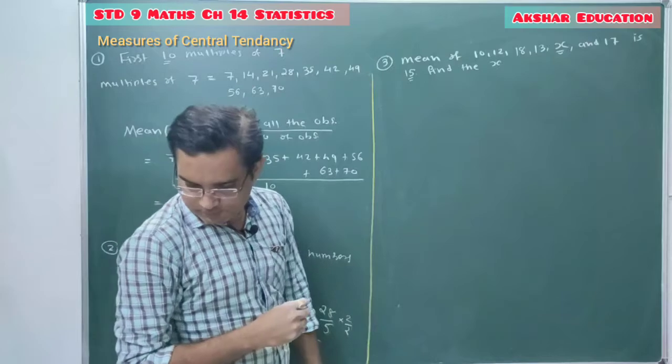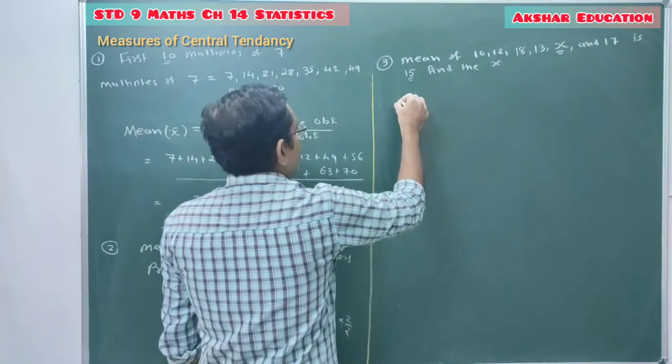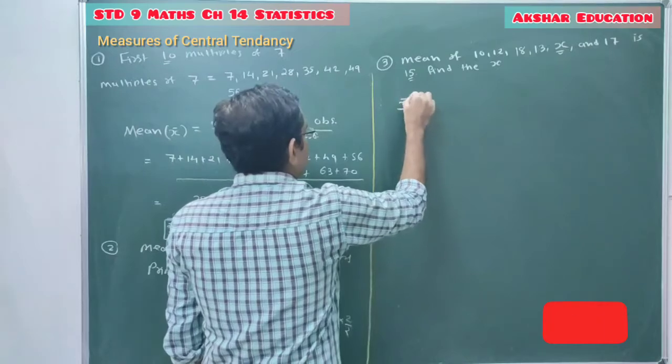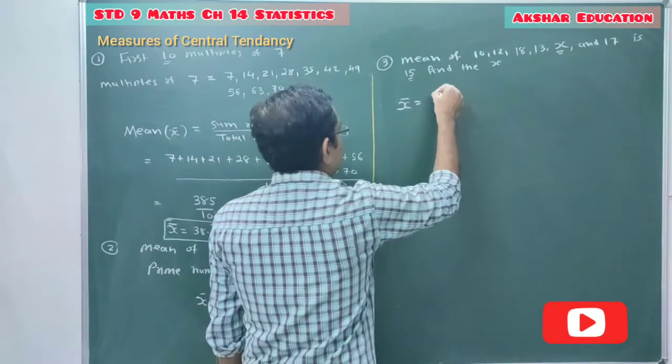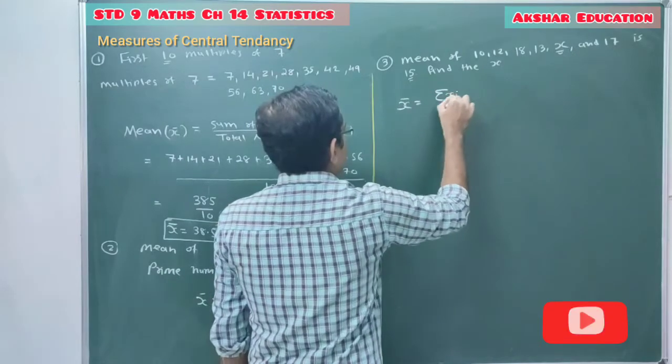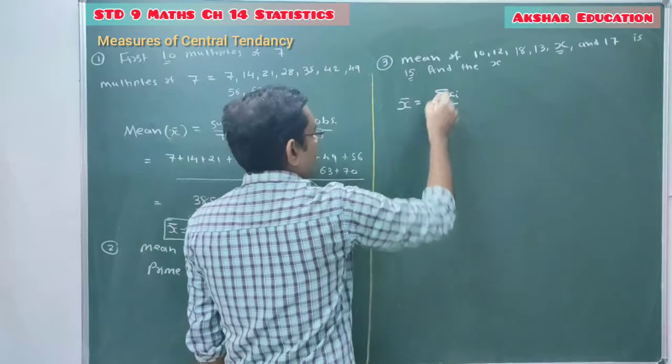So mean is given. Now, according to our formula, mean x bar is nothing but the sum of observations. It is also represented by sigma xi divided by n. Here you can write i equal to 1 to n.